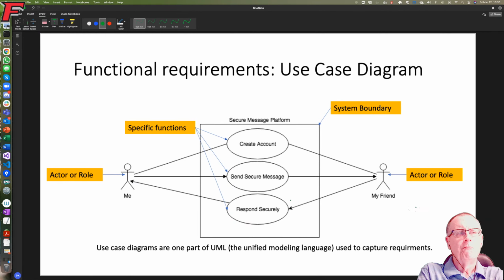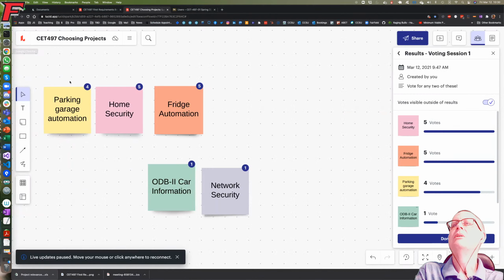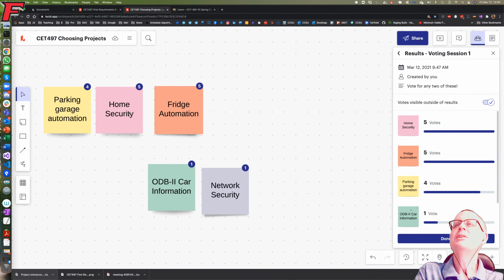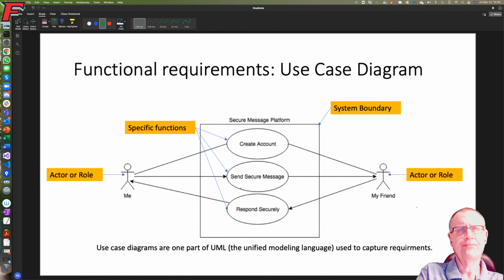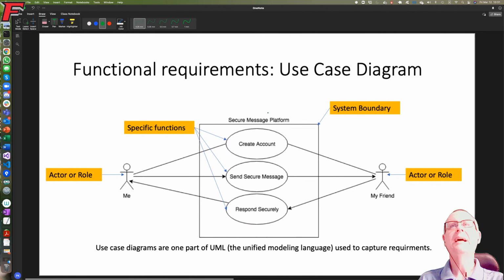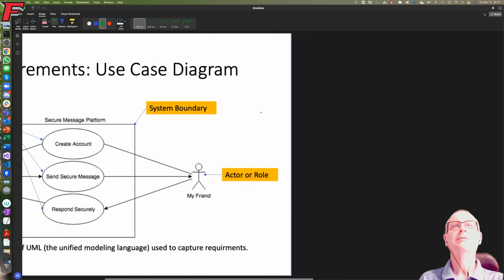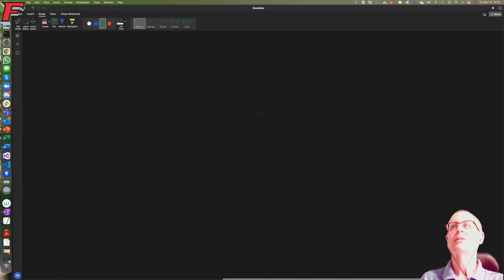What did we go with? Parking garage automation, home security, and fridge automation. Right, so let's think about the actors for each of the projects.